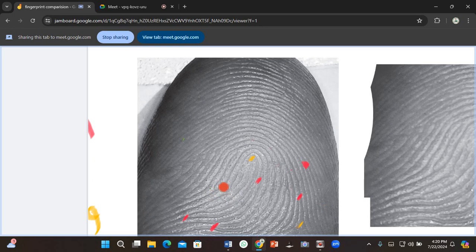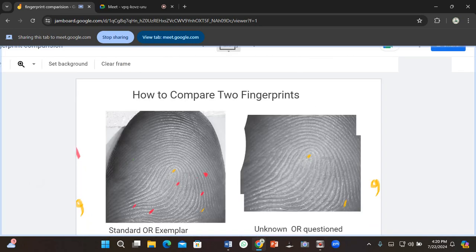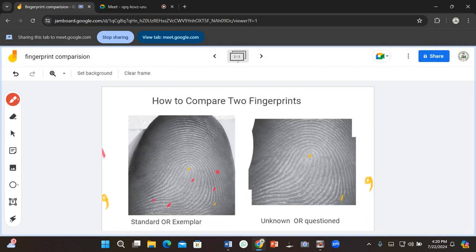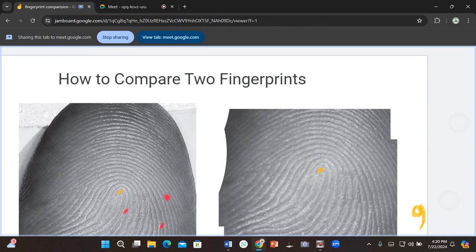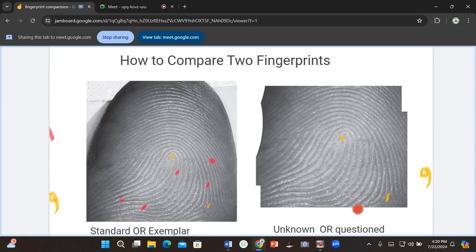So let's leave that one because of time. Let's go for the other one. So also here we have a bifurcation. We have a bifurcation here.